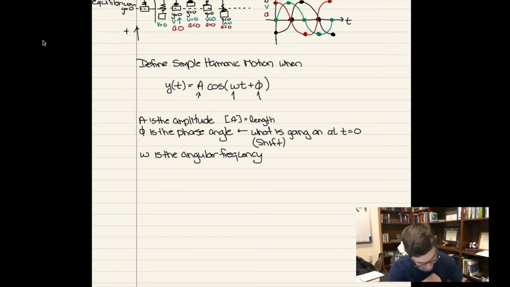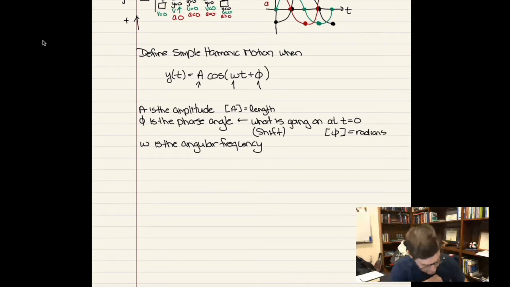Phi itself is an angle, so it has units of radians. And omega is an angular frequency, and like angular velocity, it has units of radians per second, say, or angle per time.